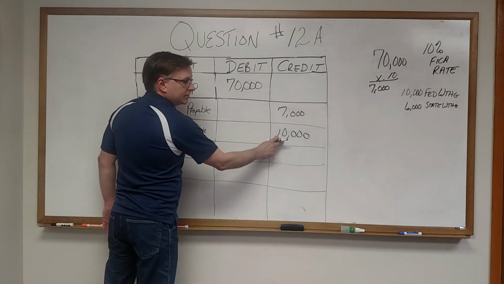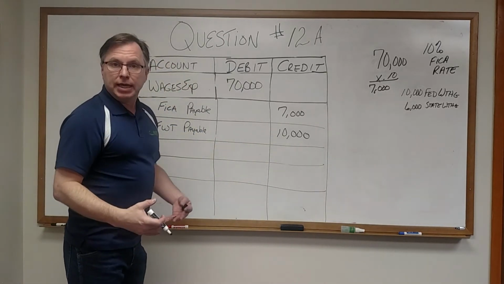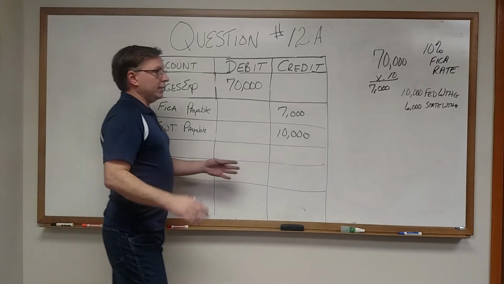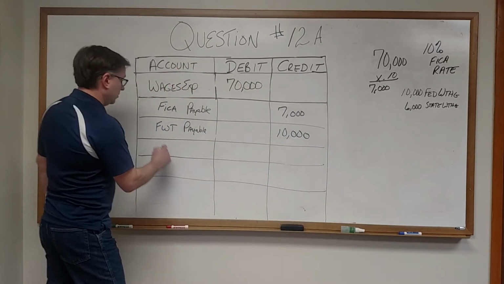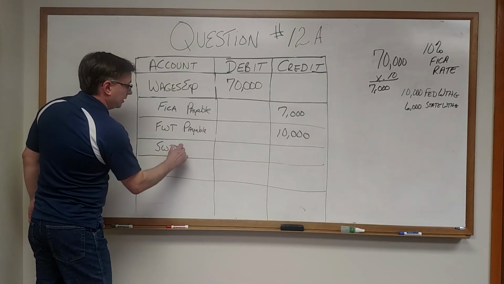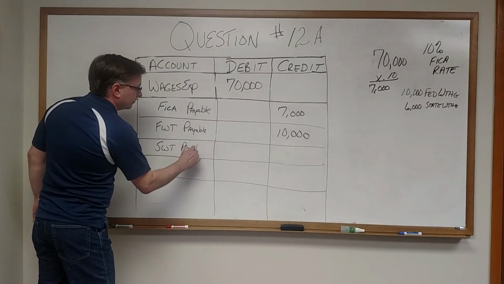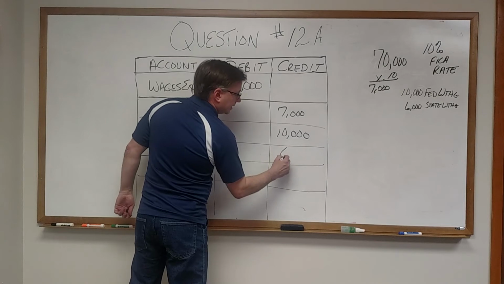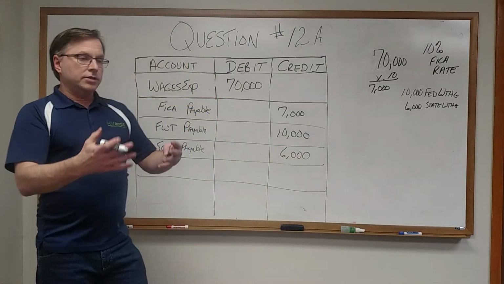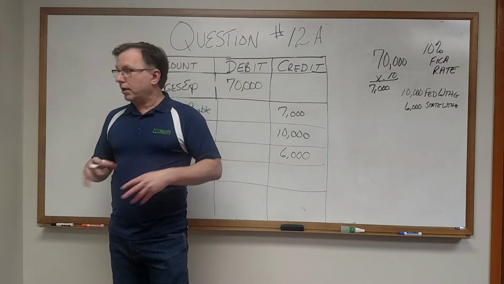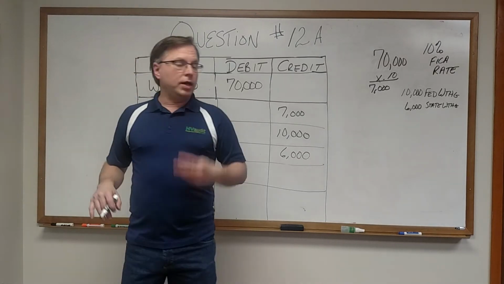Payable, $10,000, will be a liability on your balance sheet. The final piece is the state. They need to get their piece of the action too. So that's state withholding, payable, of $6,000.